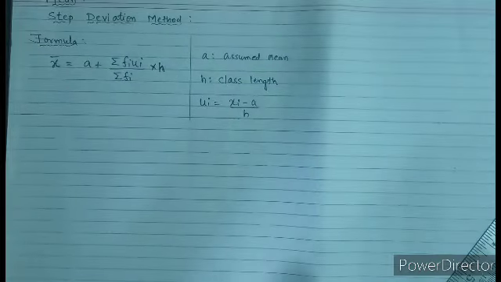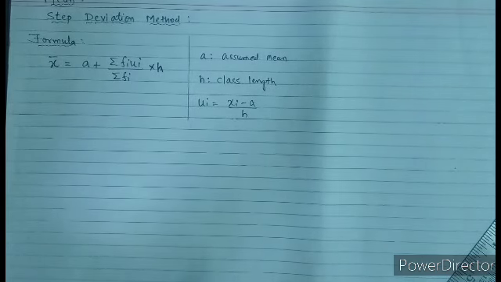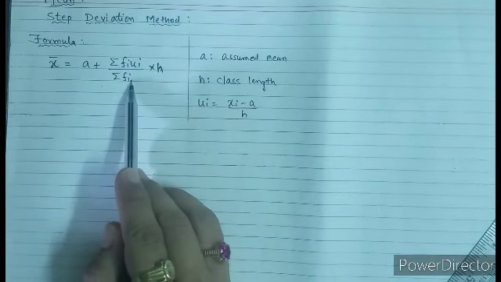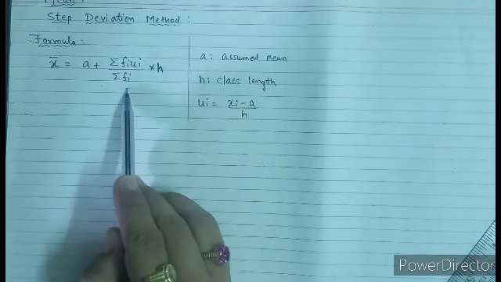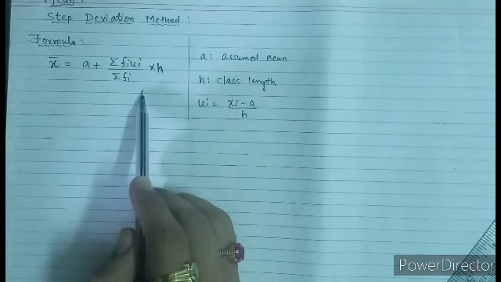So here is the formula for step deviation method. The formula is mean x bar equals a plus sigma fi ui upon sigma fi multiplied by h. You have to learn this formula.